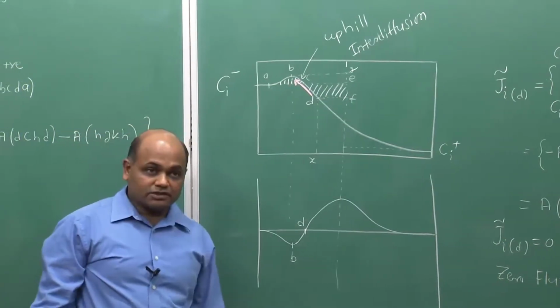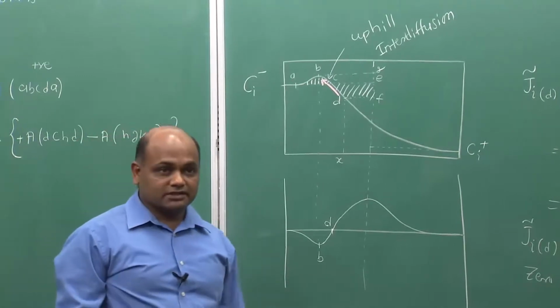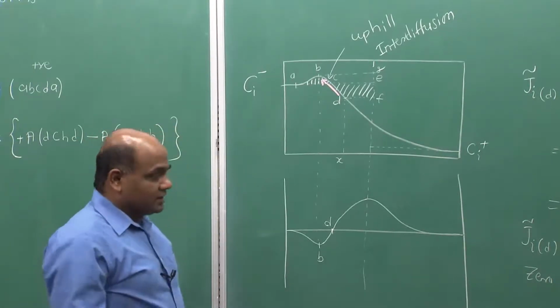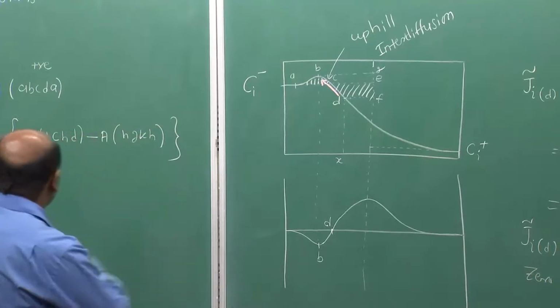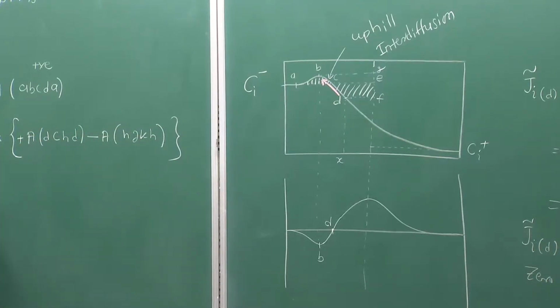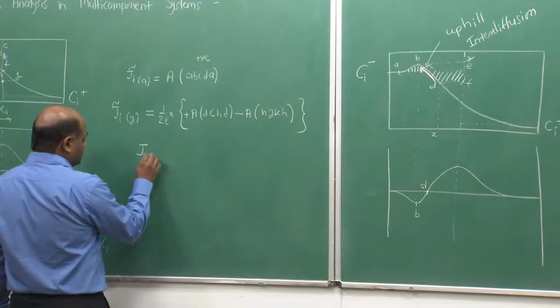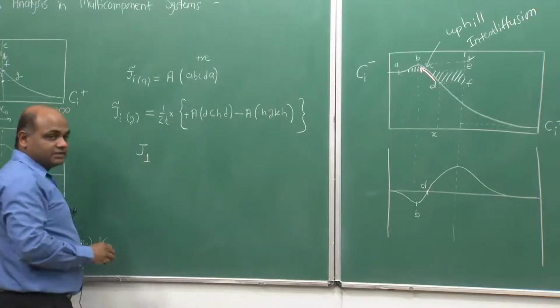This is again because of the strong diffusional interactions that can occur. Let us see how. So, we know the component interdiffusion flux, let us say i is 1 here.